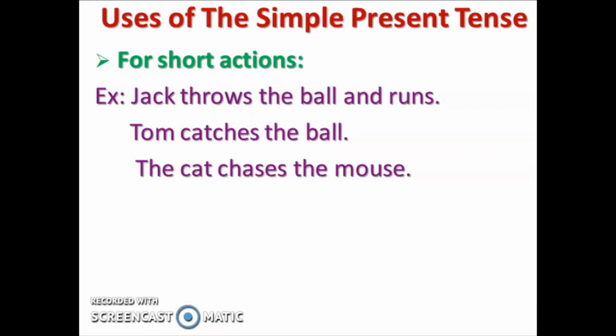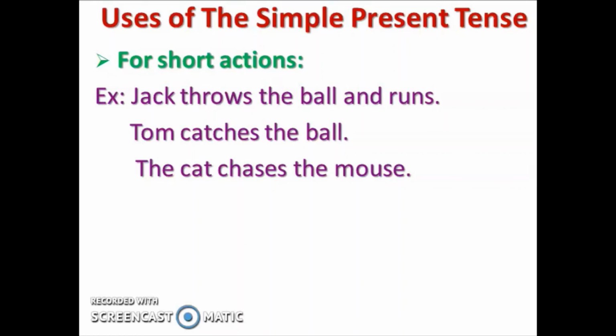So to quickly recap, the simple present tense is always found in 2 forms, either in the singular or the plural. For example, run, runs, catch, catches, eat, eats. You also have the be form of the verb, which is available in the simple present tense in 3 forms: is, am, and are.